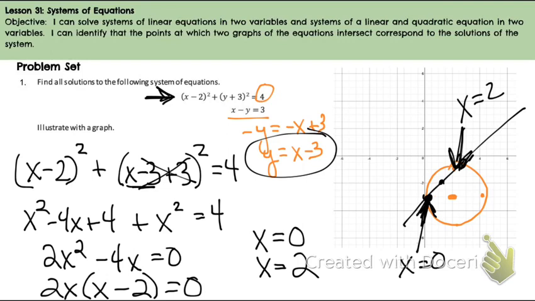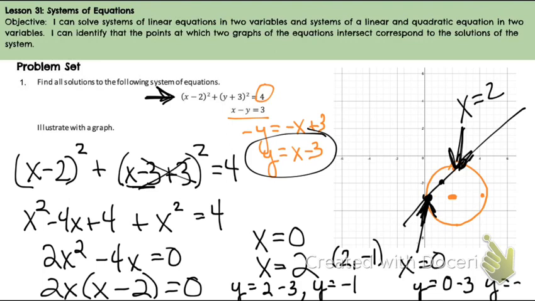So now y equals 2 minus 3, so y equals negative 1. So one of my solutions is when x equals 2, y equals negative 1. And if x equals 0, I know that y equals 0 minus 3, y equals negative 3. So my other solution occurs when x equals 0, y is negative 3, which I know my graph is hideous, but that is what's happening there.